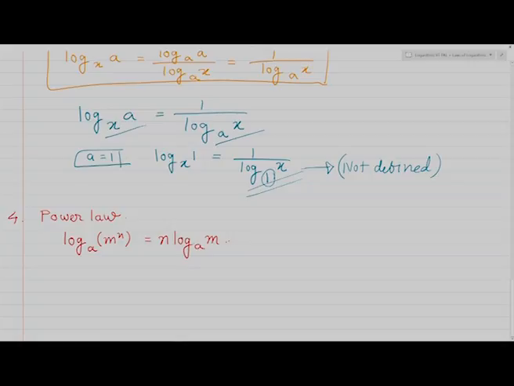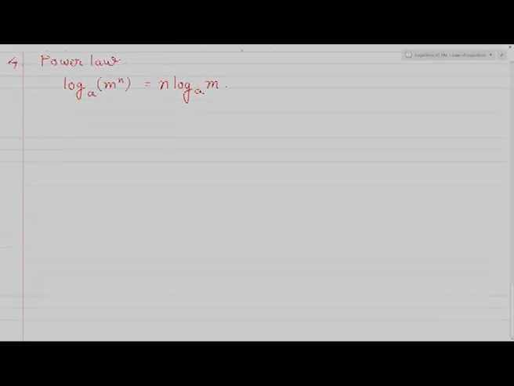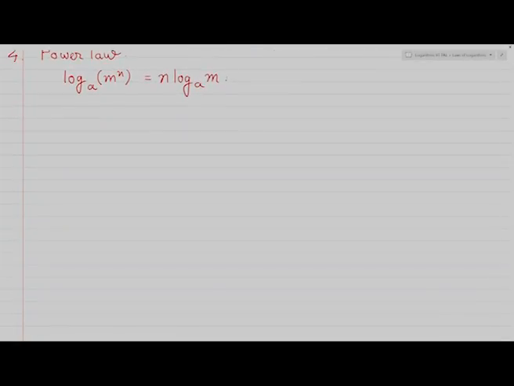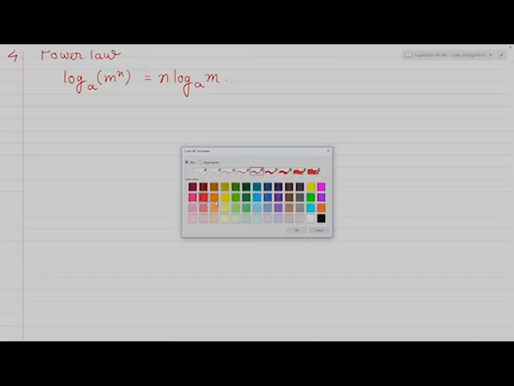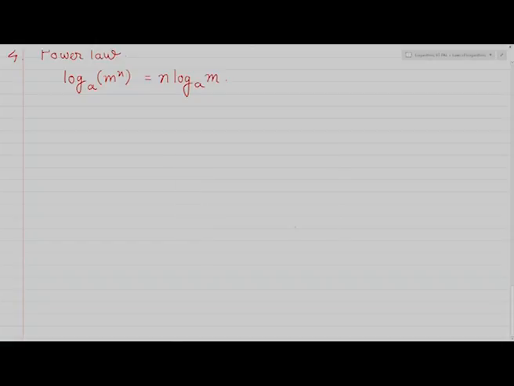Again, we will use a standard technique, which is the 7 rule, and we will try to derive this property. Let me choose the orange color, because in this lecture I have chosen orange color when deriving the proofs. I will write log to the base a of m is equal to x, say.